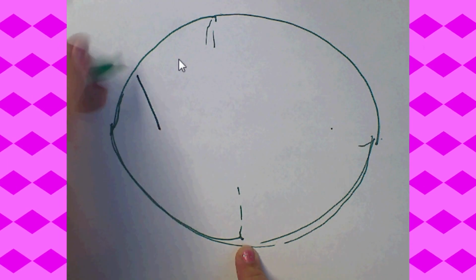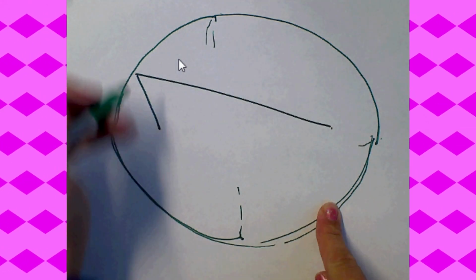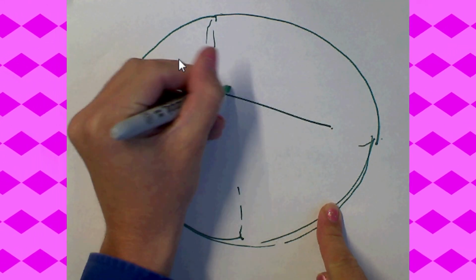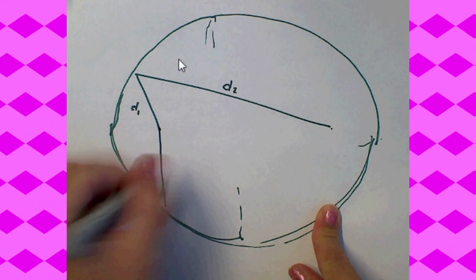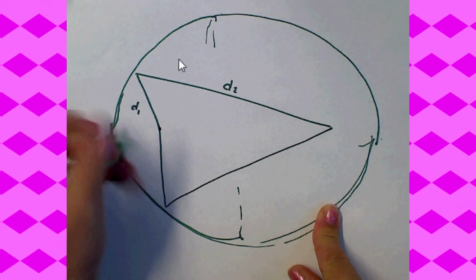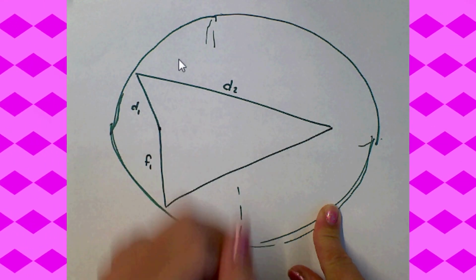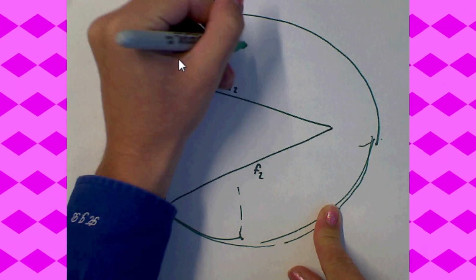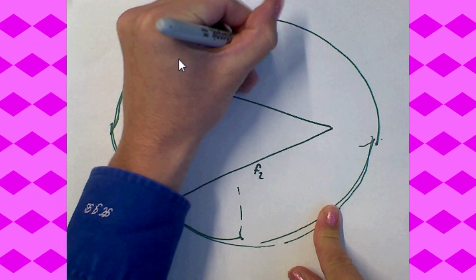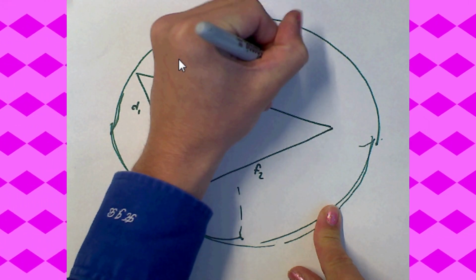Instead, if we measure from those two points where the pins were, I'll call this one D1 and D2, to any point on the shape, the sum of those two distances should always be equal. So here we have D1 plus D2 is equal to F1 plus F2.